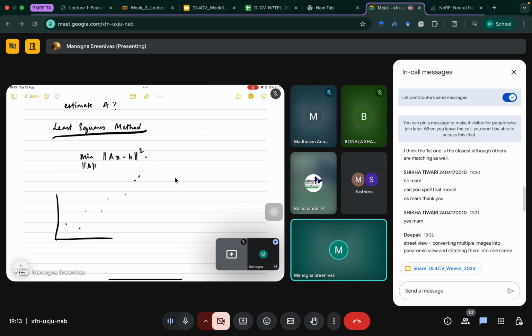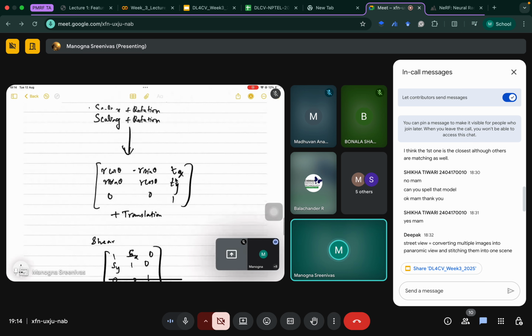And I want to fit a line here. So how many points do I need to fit a line? All these are actually lines only, right?